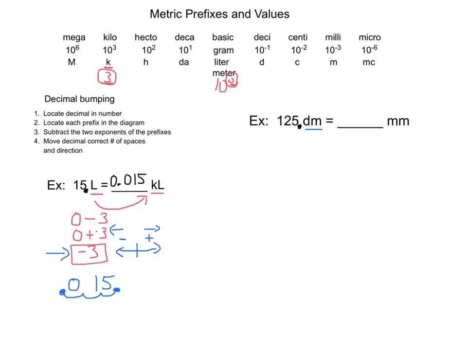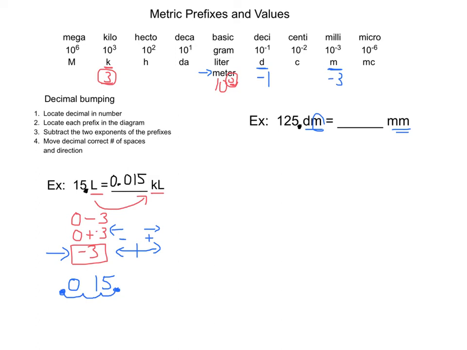Well, the D is up here in deci, and it has an exponent of -1. M and M, what does the M stand for? Well, the M is a meter, and so I've got 125 decimeters, and over here I have an M meter, and an M meter would be a millimeter, and so millimeter has an exponent of -3.